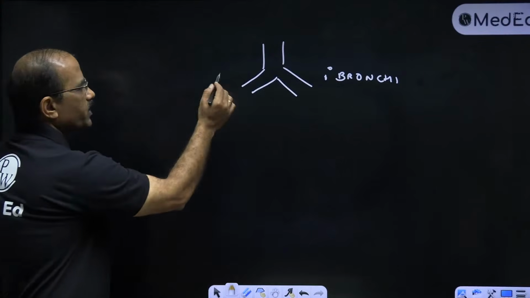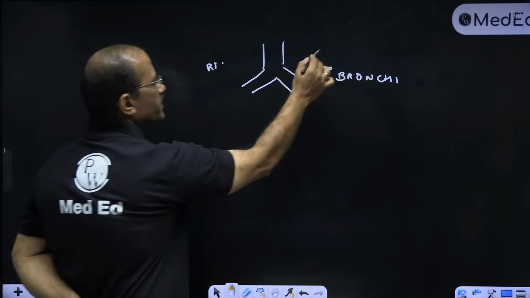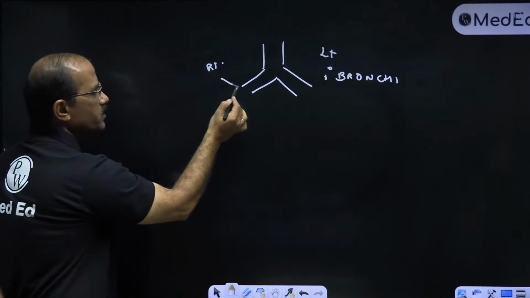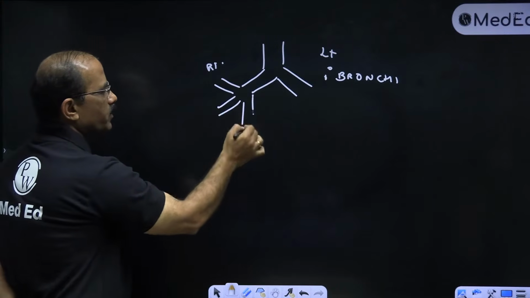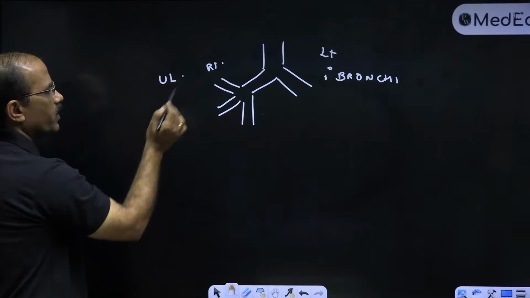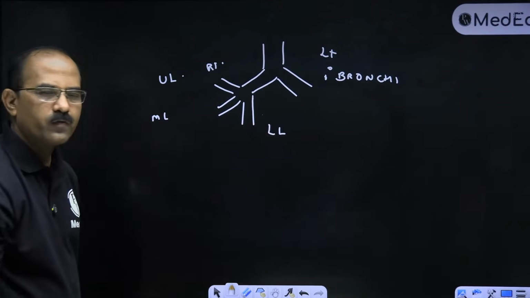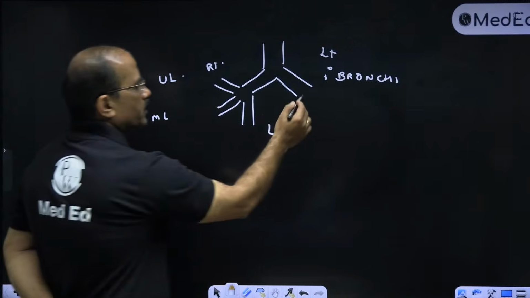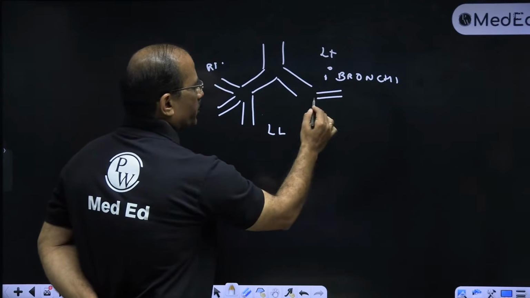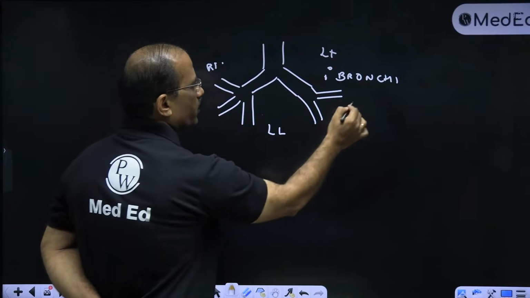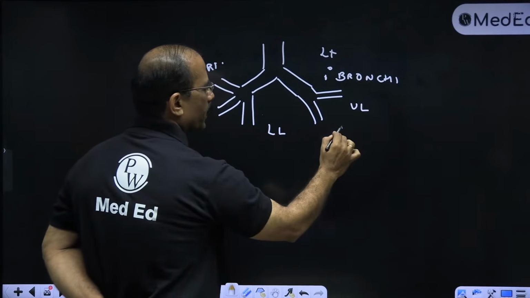The right primary bronchus divides into how many secondary bronchi? 3: for the upper lobe, middle lobe and lower lobe. The left primary bronchus gives 2 secondary bronchi for the upper lobe and lower lobe.